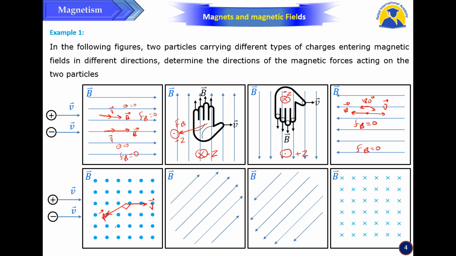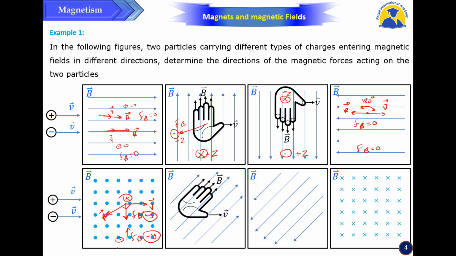So the direction of the force will be down in this direction. This one will be FB for the positive charge. For the negative charge, it will be opposite. Opposite means positive Y. So the direction of FB for positive will be the negative Y axis, and for negative charge it will be the positive Y axis.